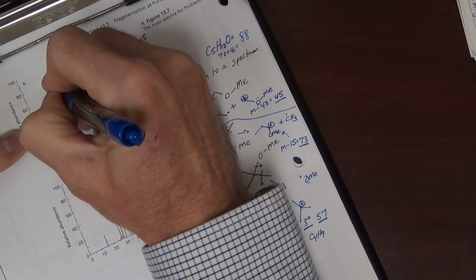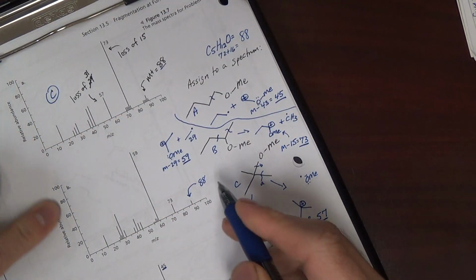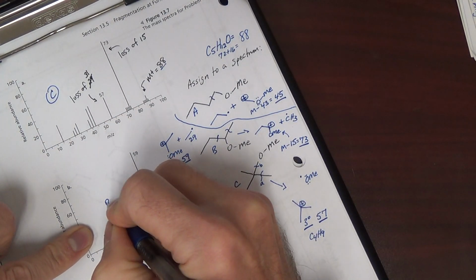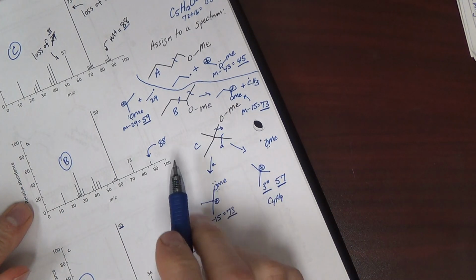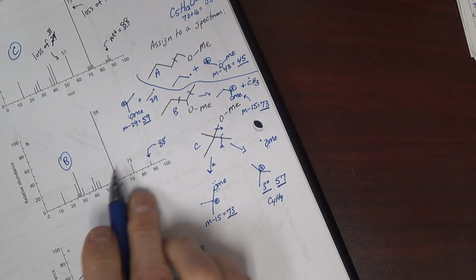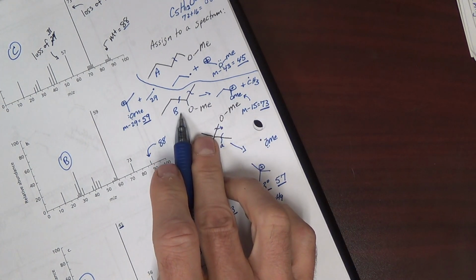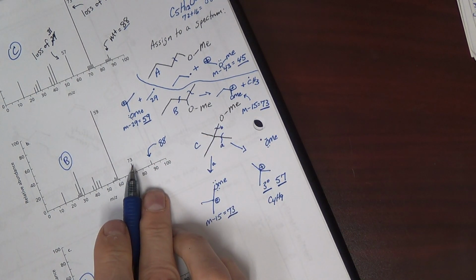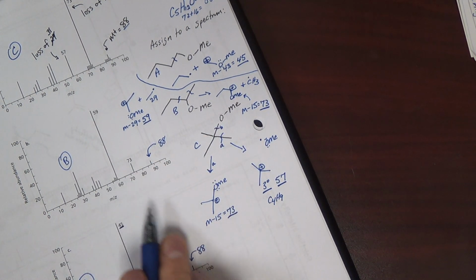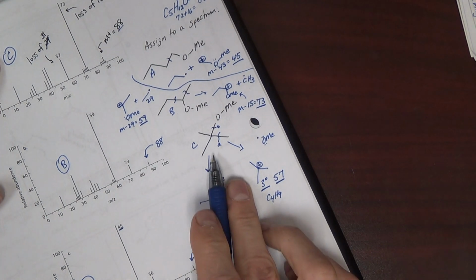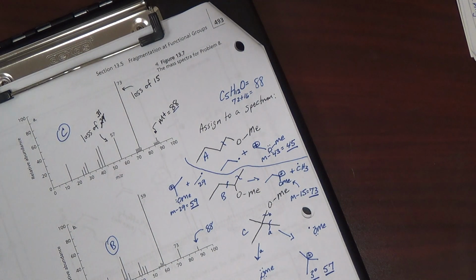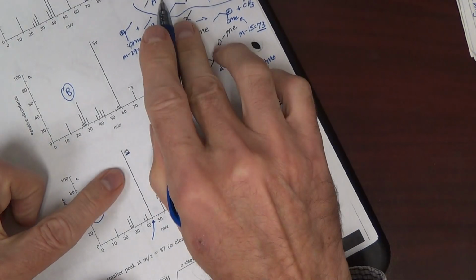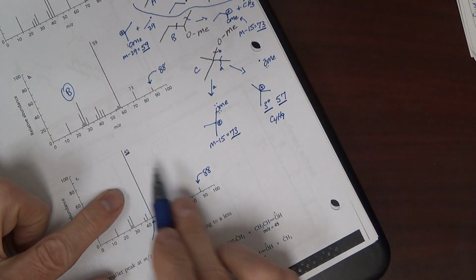Basically, this is pretty clear at this point. Top spectrum is C, the middle spectrum is B. The two peaks we predicted for the B compound are shown here. The two peaks we predicted for the C compound are shown here. The one peak we predicted for the A compound is shown here.